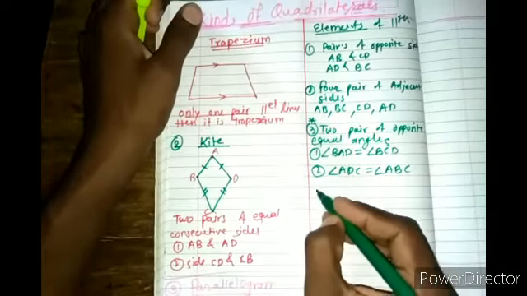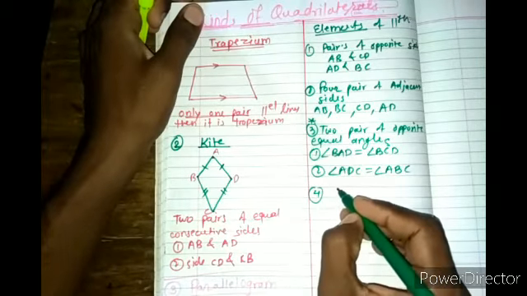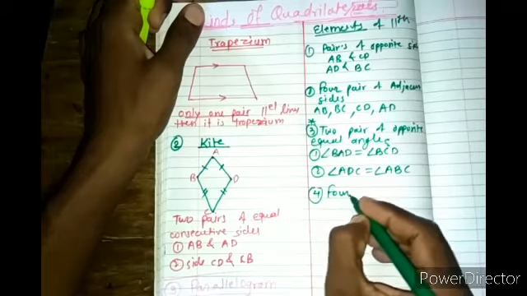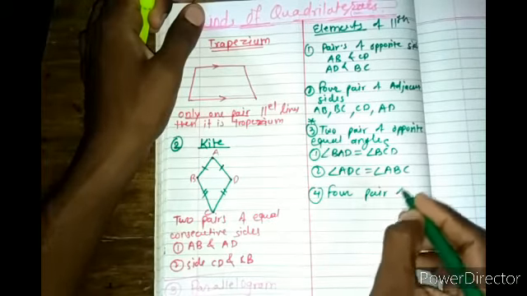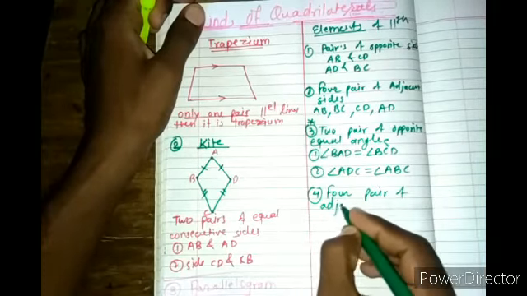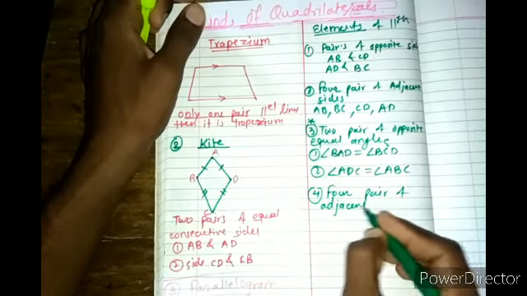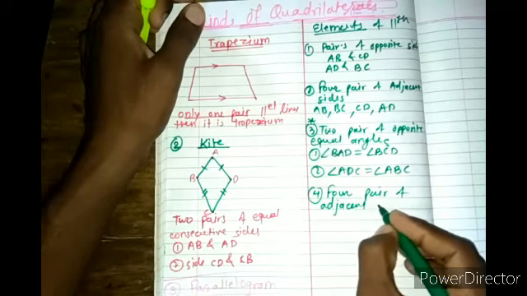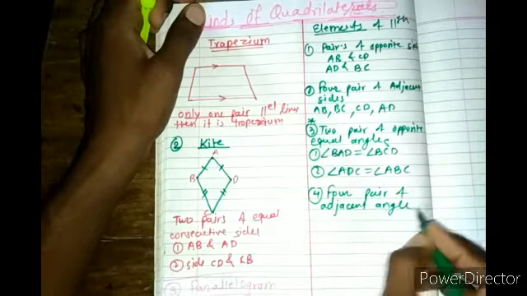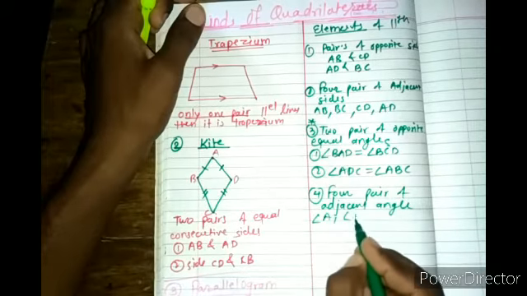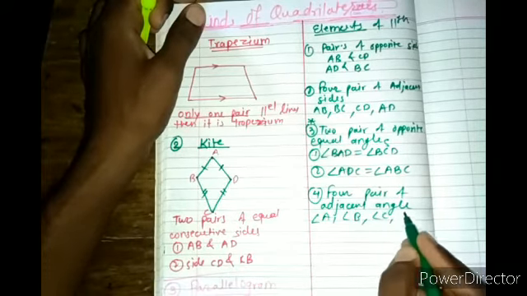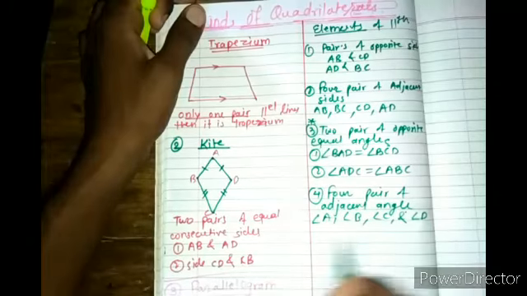And the last one is four pairs of adjacent angles. Why adjacent? Because they are connected with each other. Adjacent angles: angle A, angle B, angle C and angle D.